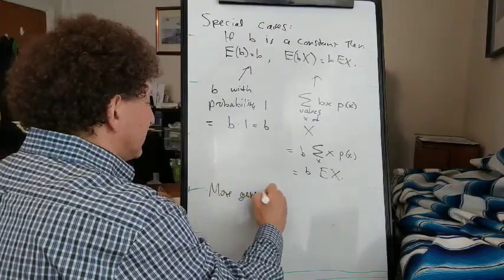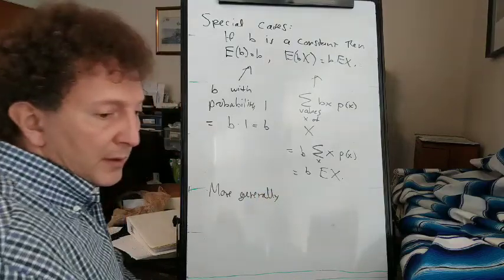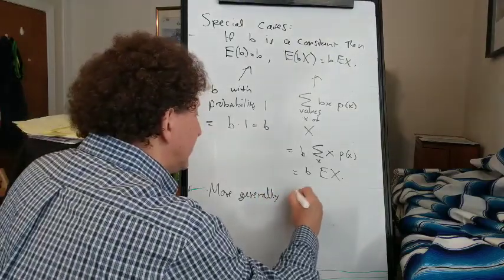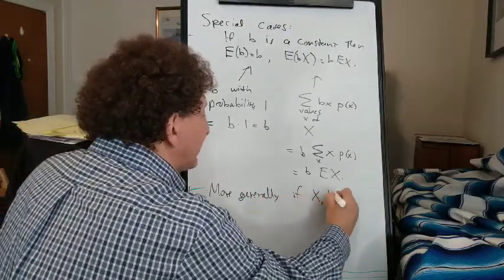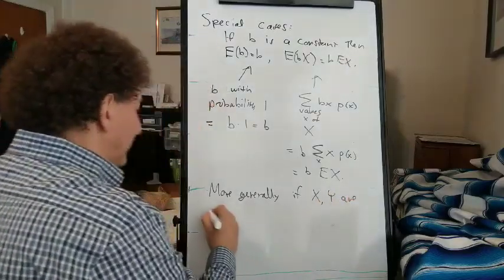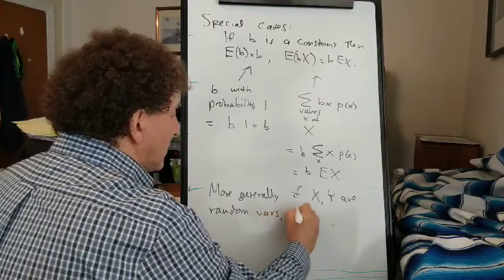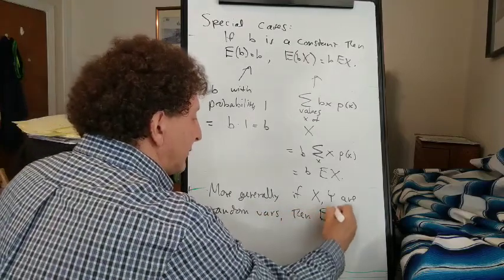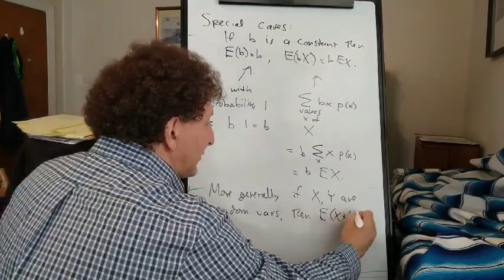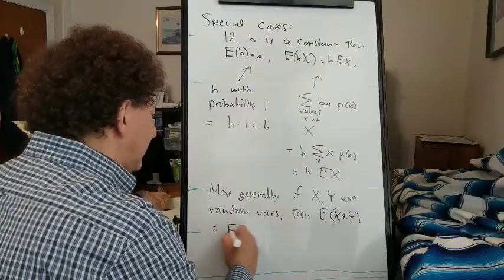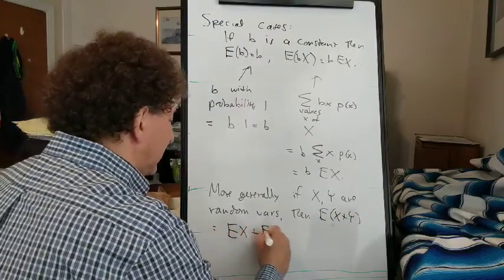Now more generally, if X and Y are random variables, then the expected value of their sum is just the sum of their expected values.